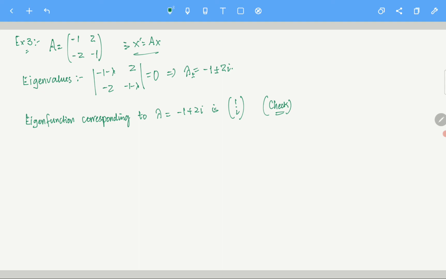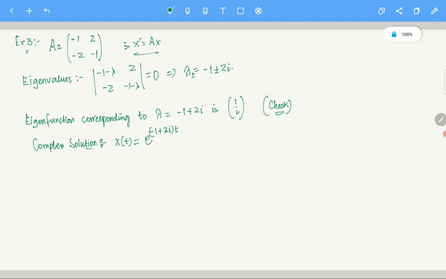Now I hope you remember what the solution is. The complex solution looks like x of t equals e to the power lambda t, so e to the minus 1 plus 2i times t. Of course, you can take the minus also; the same thing will happen, some plus or minus sign will change, that's not a problem.